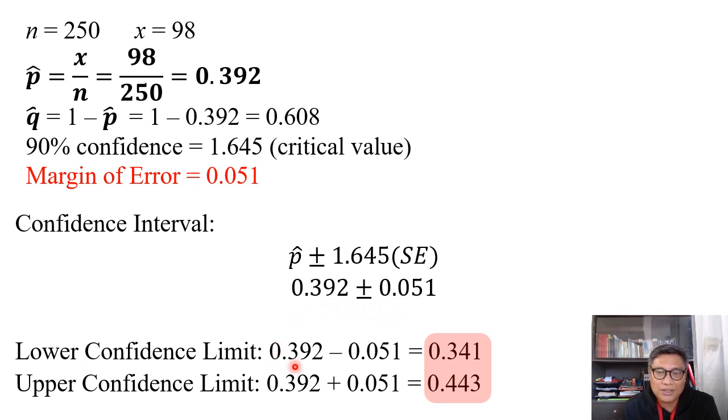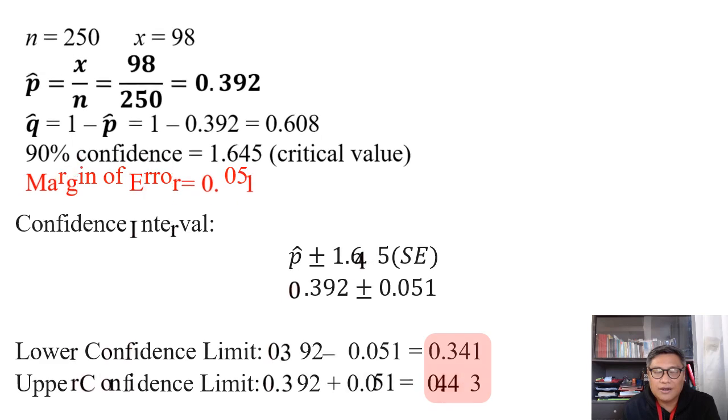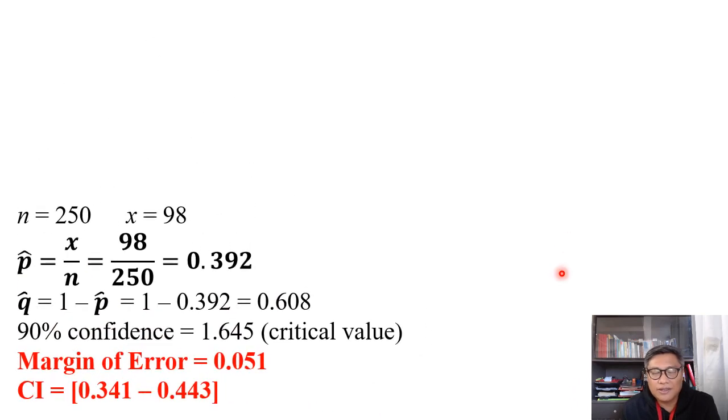So the lower limit is 0.392 minus 0.051, which is 0.341. The upper limit is 0.392 plus 0.051, which is 0.443. And this will be the range, class, of the interval.